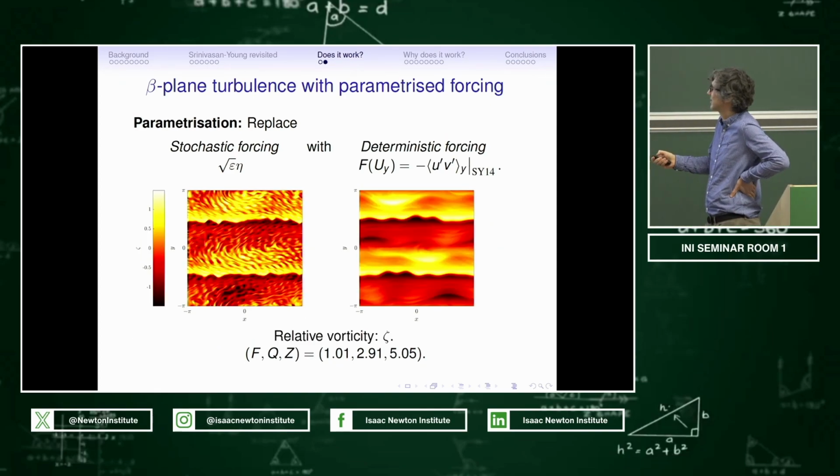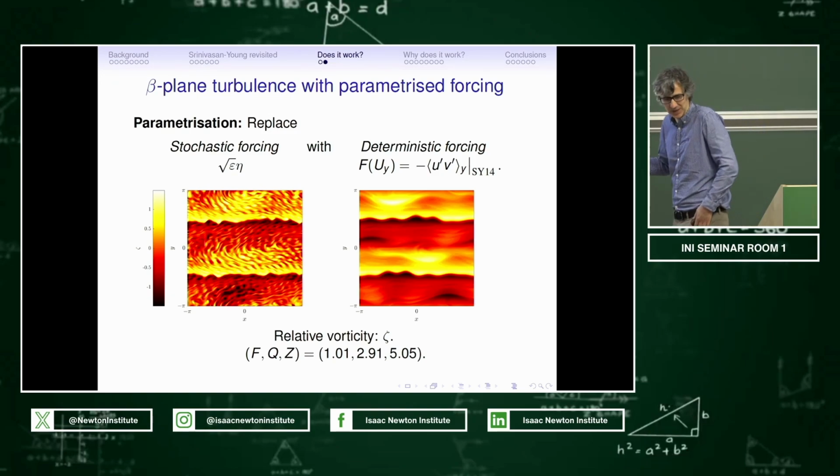It is just another plot of the same thing, except this time we're just showing the relative vorticity. And this is just another way of looking at what kind of waves have emerged in the parameterized flow, because here we're filtering out, if you like, the stochastic forcing that features in our original model.